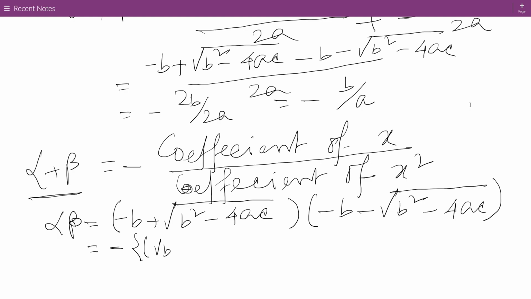For both the expressions, 2a is there. This is 2a, this also 2a.